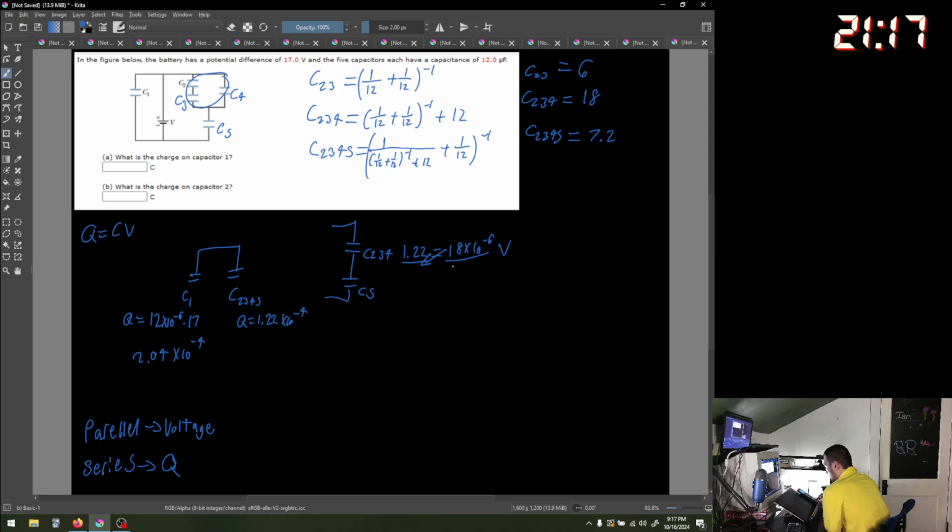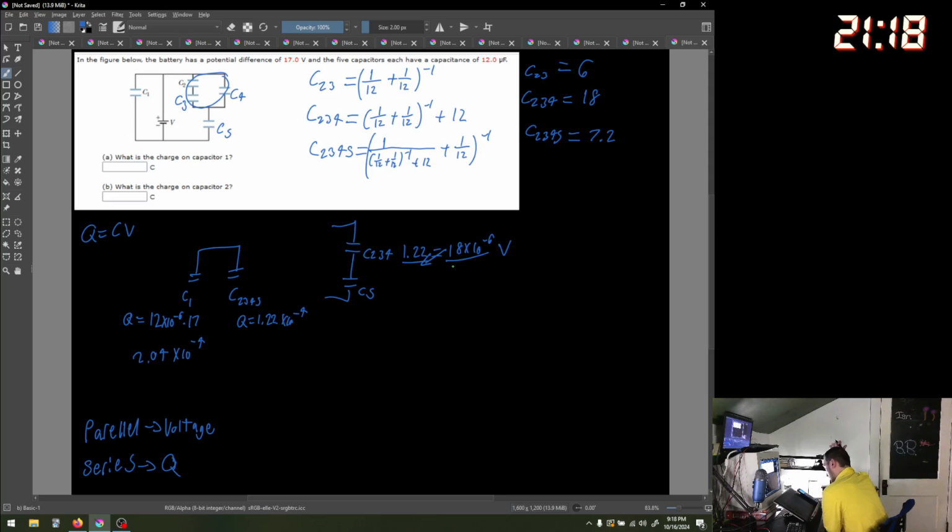We're going to have 1.22 times 10 to the negative 4th divided by 18 times 10 to the negative 6th.